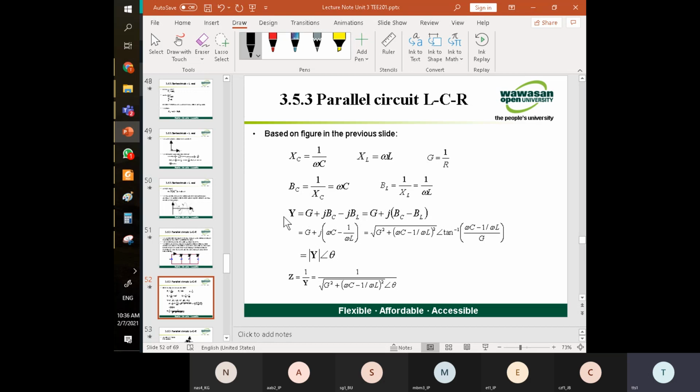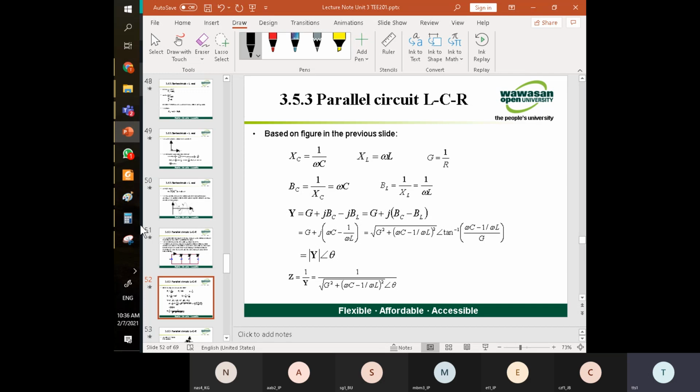Y equal to G is called the admittance. Y is equal to G plus jBC plus jBL. For the B, you need to take the reverse of the reactance.